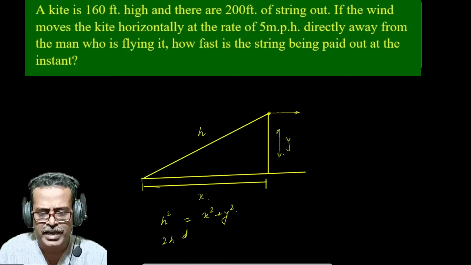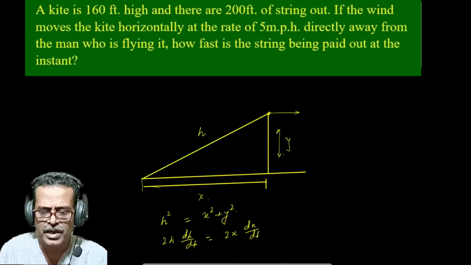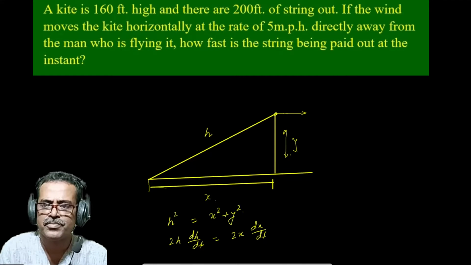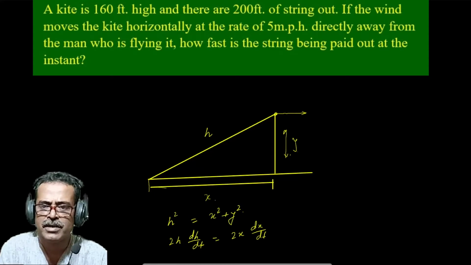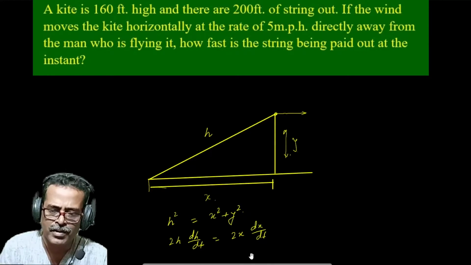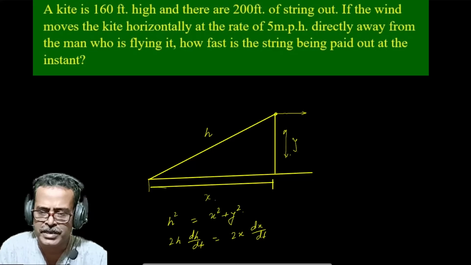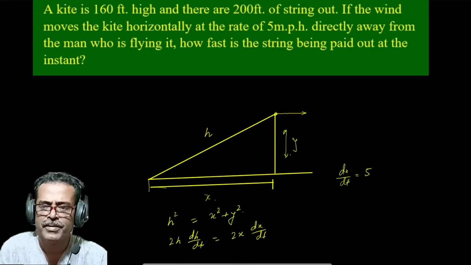2h dh/dt is equal to 2x dx/dt. dx/dt is the horizontal velocity of the kite, and the wind moves the kite horizontally at the rate of 5 miles per hour, so dx/dt is equal to 5, directly away from the man who is flying it.